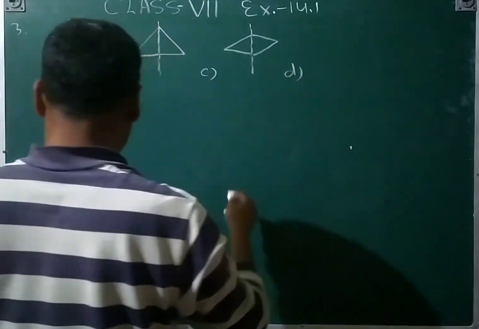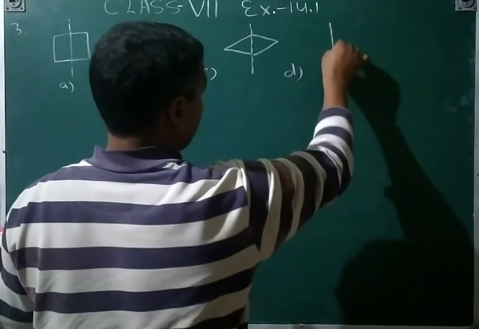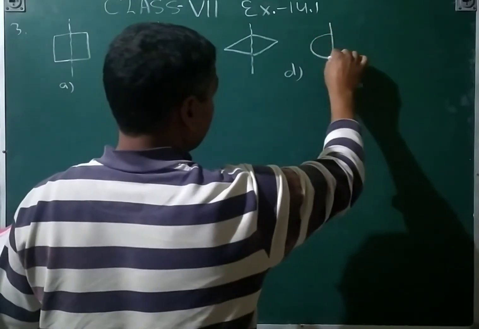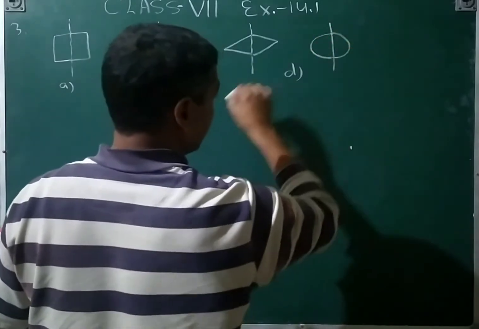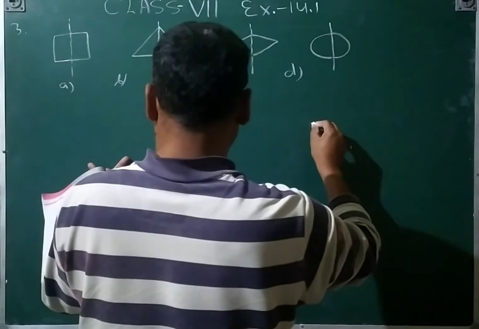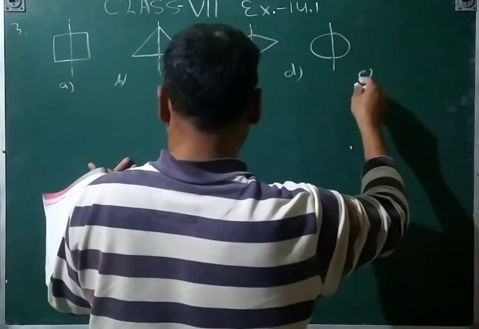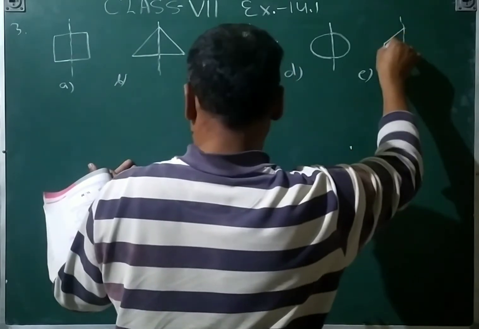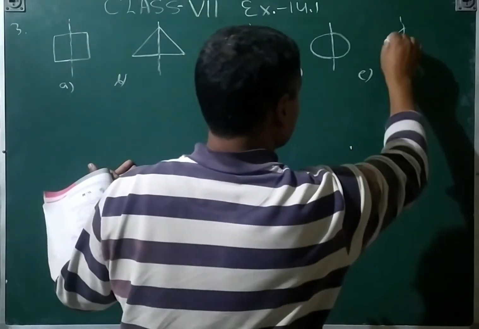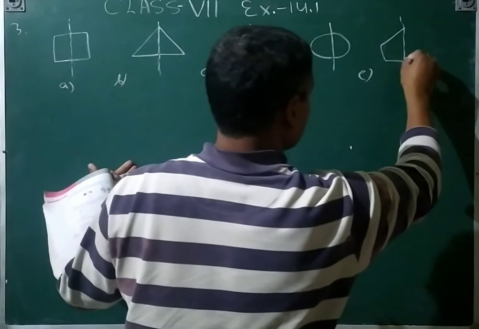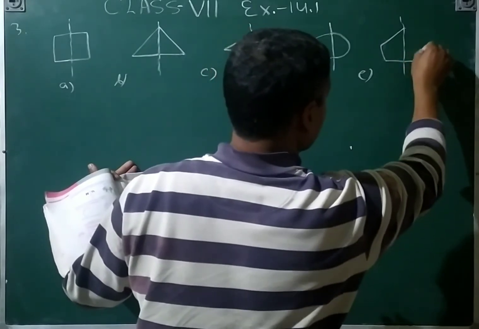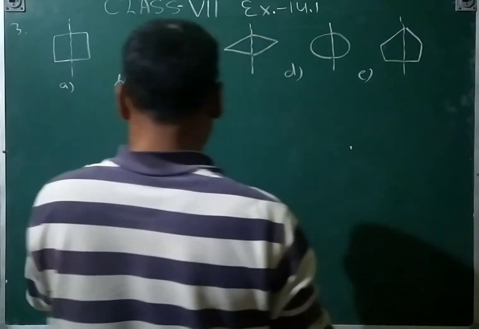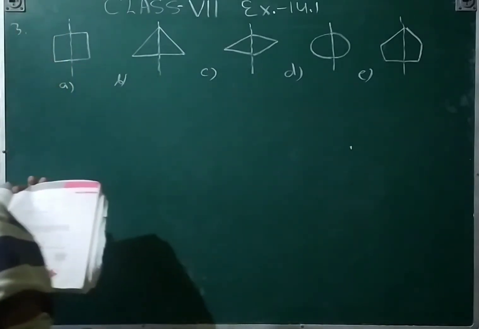D part: this is the reflection line, this semicircle is given, so that semicircle must come here also. E part: the reflection line of this one, just wait, so this must be the reflection like this. And then F part you can do.